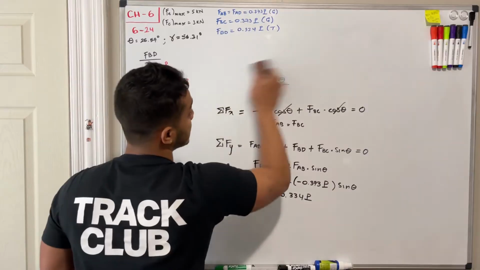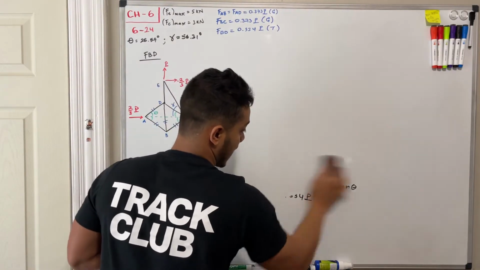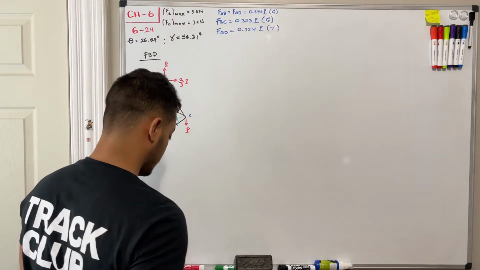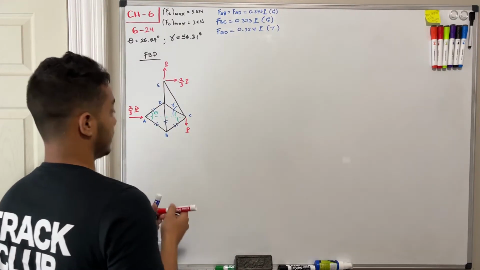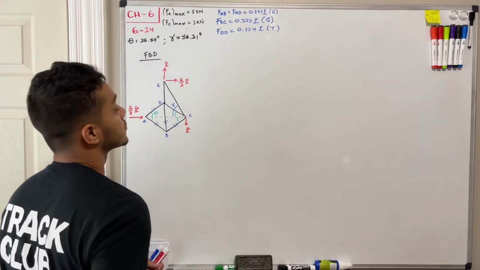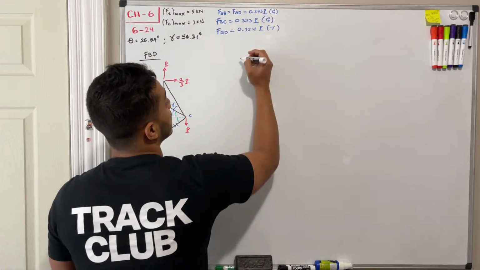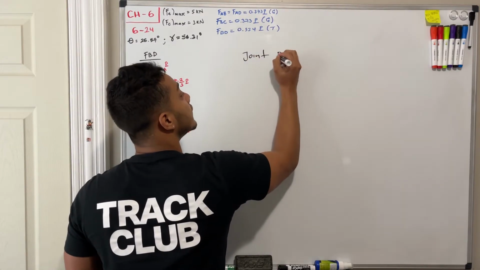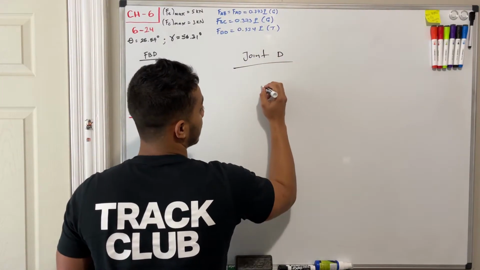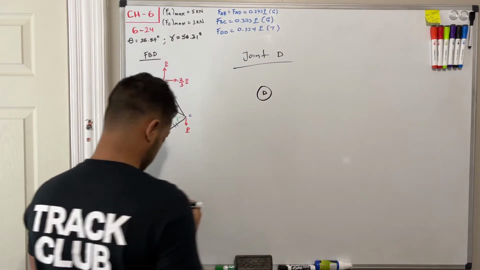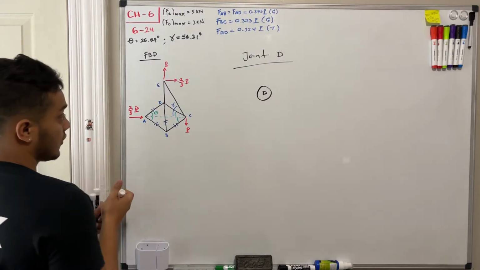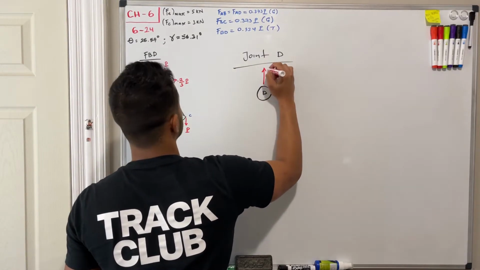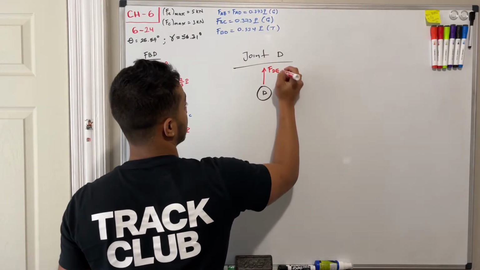Here we are. I'm going to erase this since we know its answers, and we're going to draw my joint D, a solid joint D. What do we have for my joint D? We're going to have a member force going up, that is FDE.